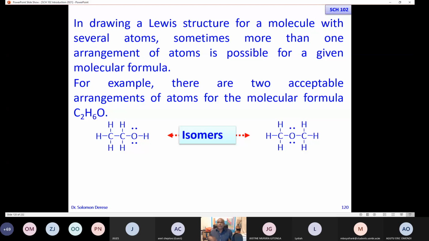You'll be obtaining additional data from other experiments to help you narrow down that the structure of the molecule is this one. For example, in this particular case, if you do an experiment for an alcohol and it tells you it is not an alcohol, then the structure is that of the ether. If the experiment you conducted tells you it is an alcohol, the structure is this one. Okay?